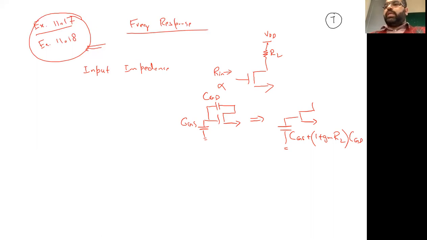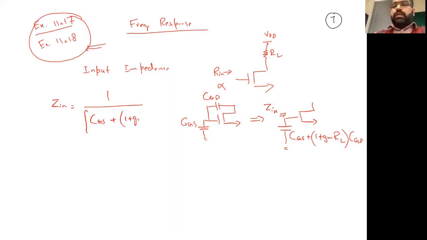So we cannot say that Zin is infinite anymore, because there are values associated with it. We need to write that value, and it will be equivalent to a reactance: 1 over S times (CGS plus (1 plus GM RL) times CGD).